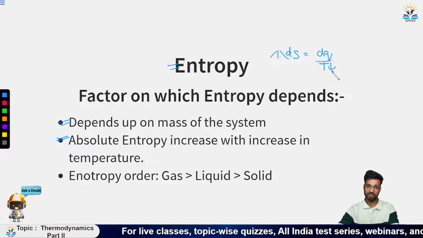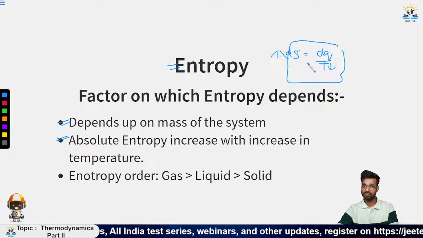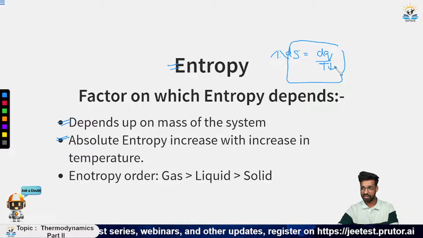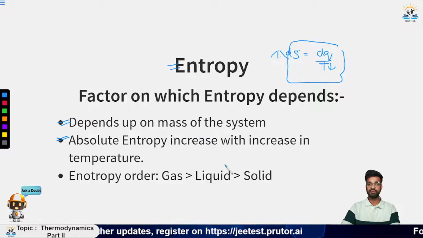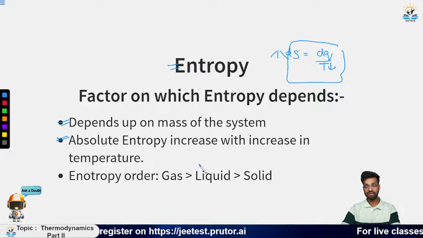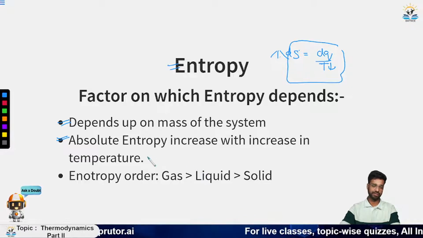This is not the case. The formula you see here is not for the absolute entropy, but for the change in entropy. Change in entropy is of course inversely proportional to temperature, but absolute entropy is directly proportional to temperature, meaning it increases with temperature. That's the main point over here.